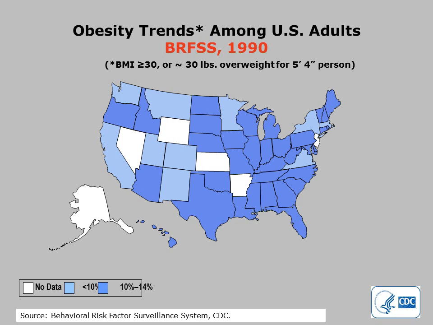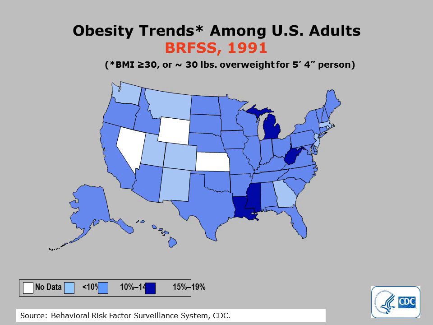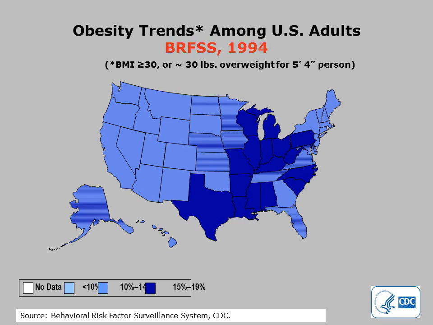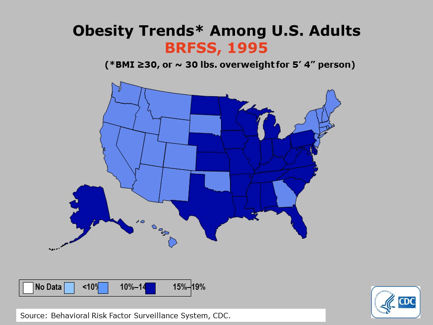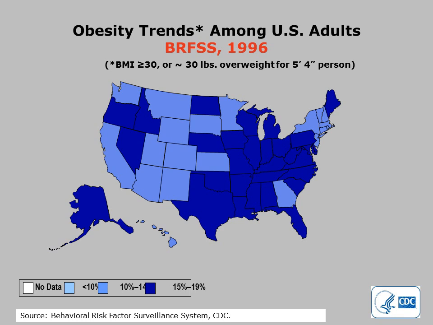We would be happy to be right here, 1990 and 2014. Category 15 to 19%. You'll see Mississippi leading the way. There's Louisiana, Michigan. More dark. Okay, it's starting to get darker. Now, mind you, contagious diseases don't spread this quickly.